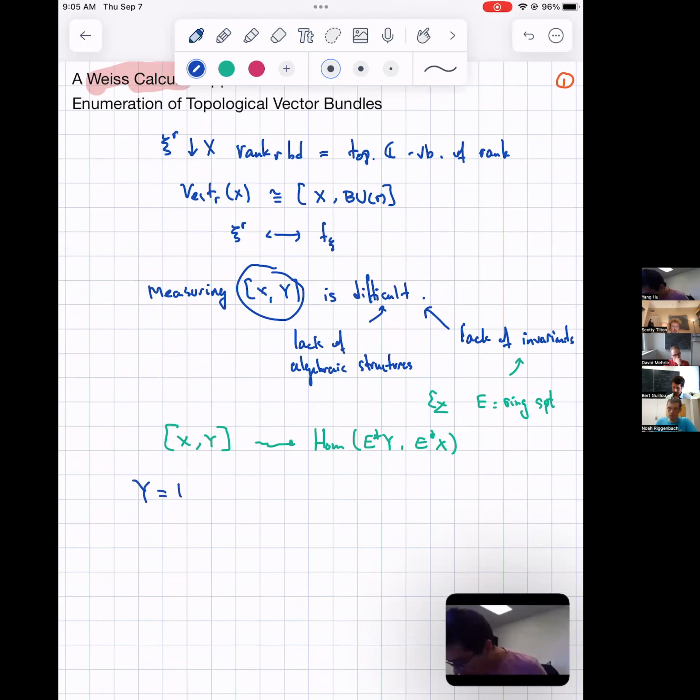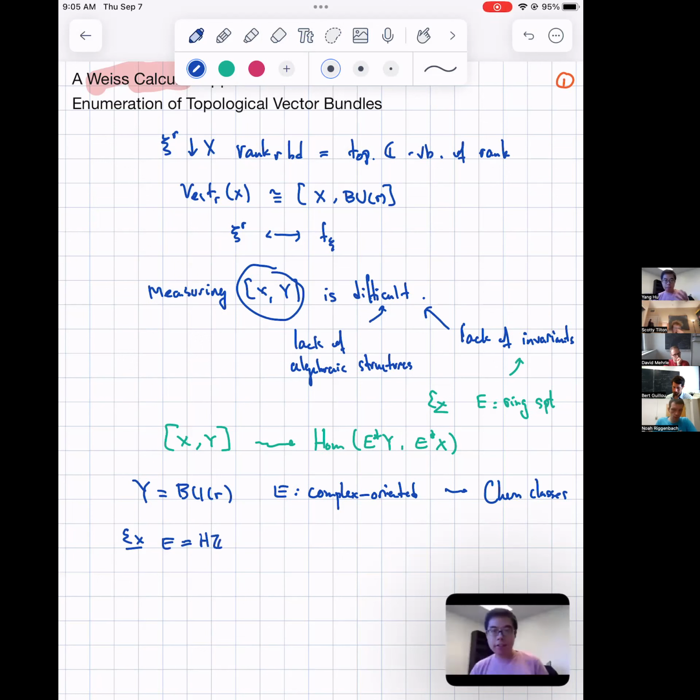For example, when Y is the classifying space BU(R), and when E is complex oriented, then the E cohomology of Y is going to have a very nice form, as we have seen in Jack's talk, and we have a theory of Chern classes. For example, if we just take E to be the Eilenberg-MacLane spectrum HZ, that's the simplest complex-oriented ring spectrum.